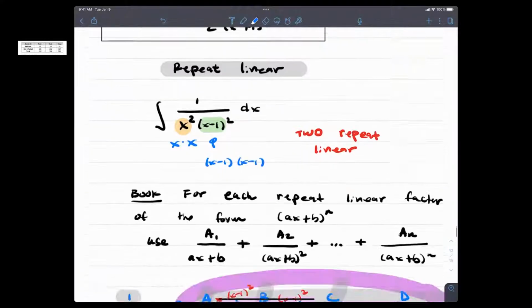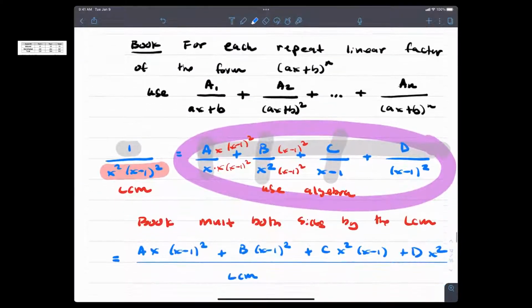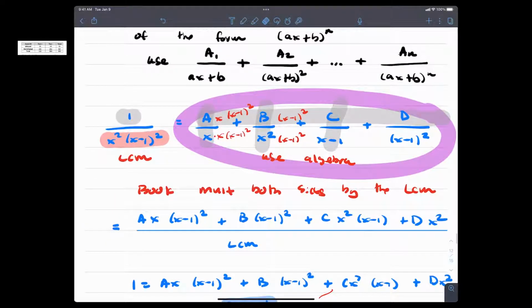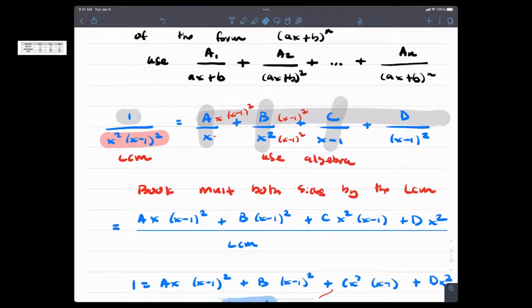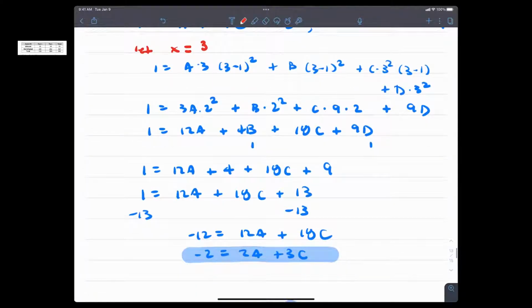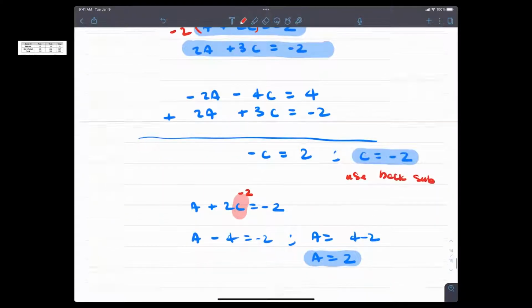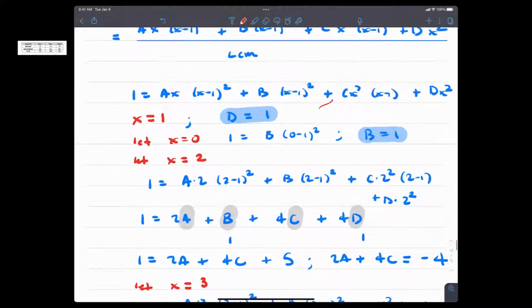So let me go back to the original, if I can find it. B is 1, D is 1. Let's get rid of all of that stuff. B is what? 1. D is 1. And you need to get A and C. A is 2. C is negative 2.